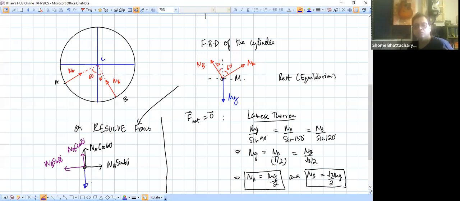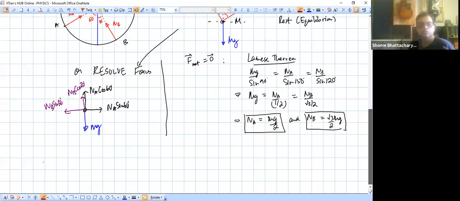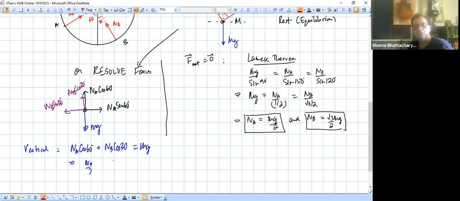Okay. So now balancing the forces along the vertical, you can see that Na cos 60 plus Nb cos 30 is balancing mg, or Na by 2 plus root 3 by 2 Nb is equal to mg. That's equation 1.